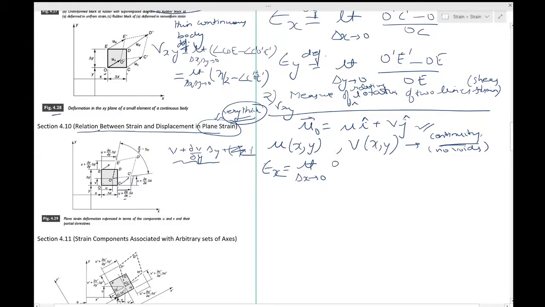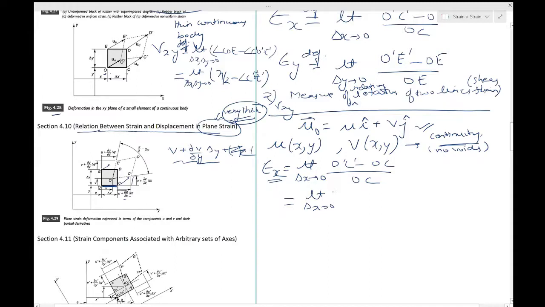You must take the change in length of this one, because you are trying to write the normal strain in the x direction. So it will be O dash C dash minus OC divided by OC, and this value will be equal to the limit of delta x tending to 0.